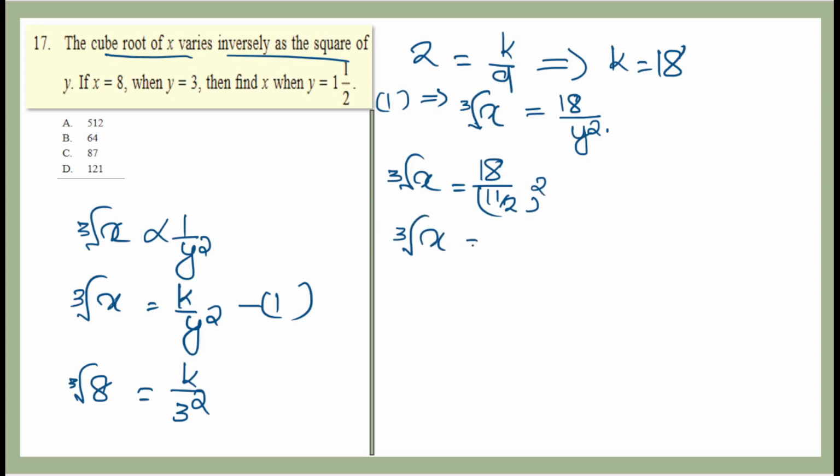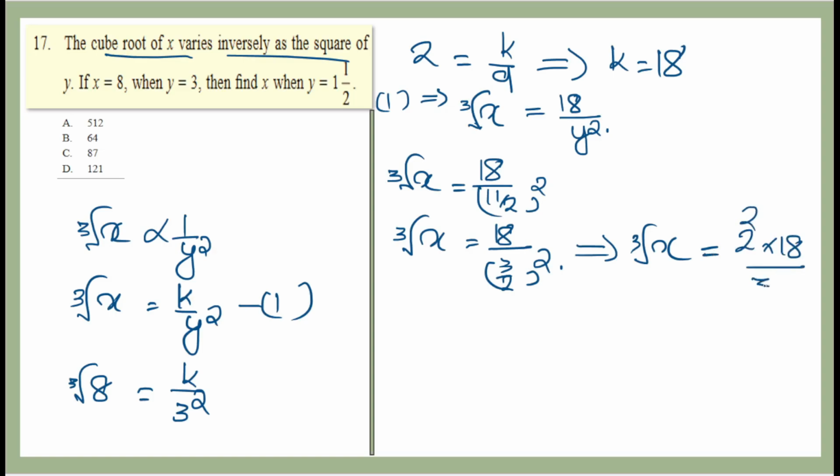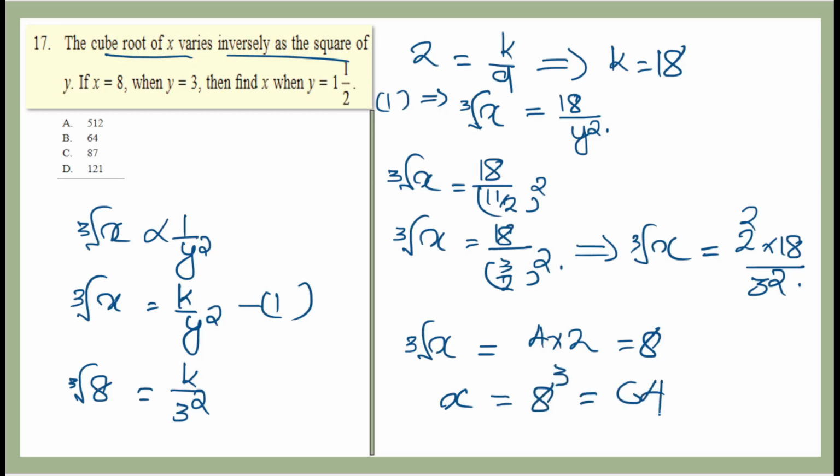Now cube root of x equals 18 by 3 by 2 whole to the power 2, which implies cube root of x equals 2 square times 18 by 3 square. Now after cancellation we got cube root of x equals 4 times 2, that equals 8. Now to find x, take cubes on both sides. That is x equals 8 to the power 3 equals 512.